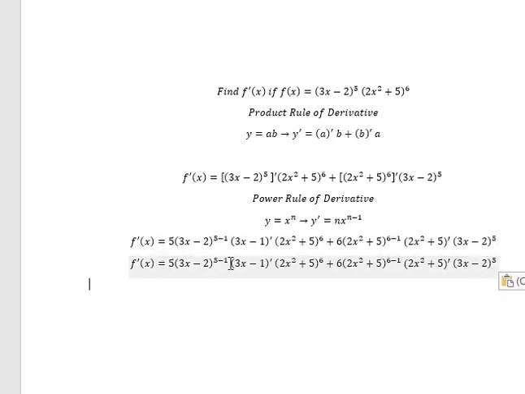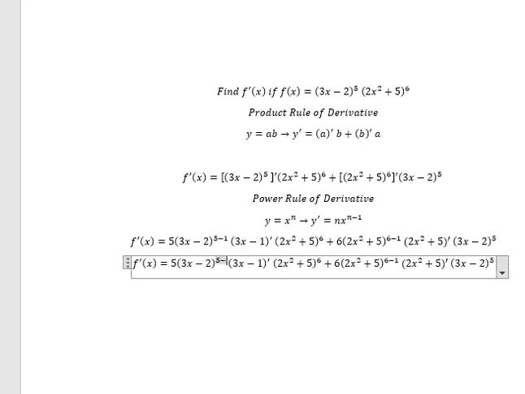So 5 minus 1, we have number 4. Similar for this one.